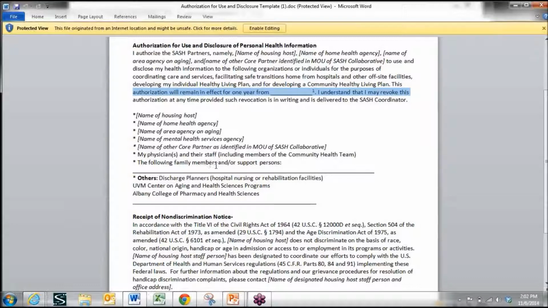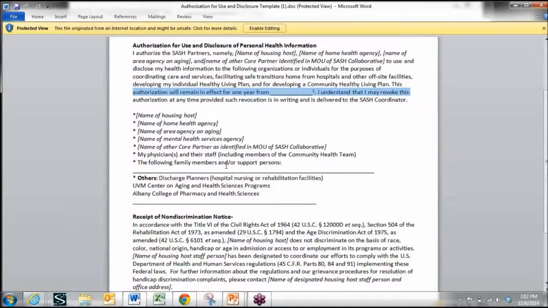Also, any family member or support person that they want you, as part of the SASH team, to be able to communicate with. So if there's a situation where they've unexpectedly gone to the hospital, who is it in their family that they want you to be able to make some plans with to help you return home?